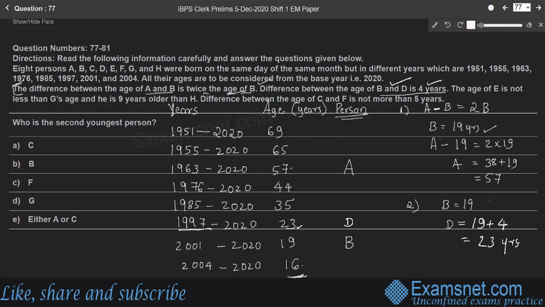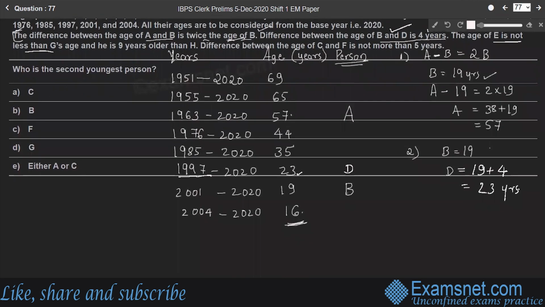The third information: the age of E is not less than G's age. That means the age of E is greater than G's age. And E is 9 years older than H, that means H's age plus 9.